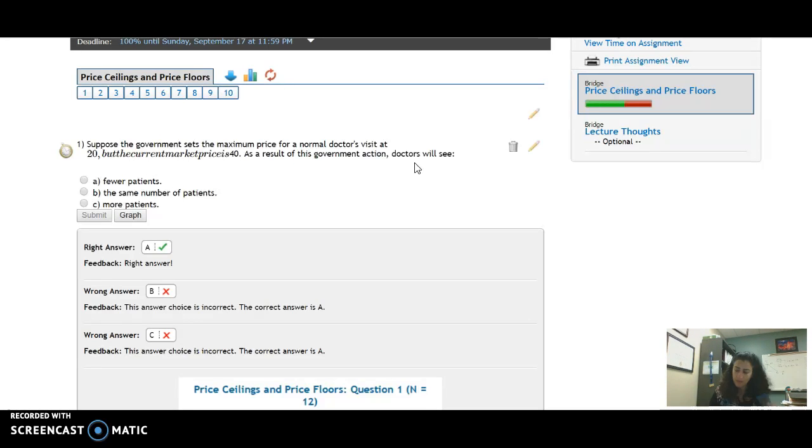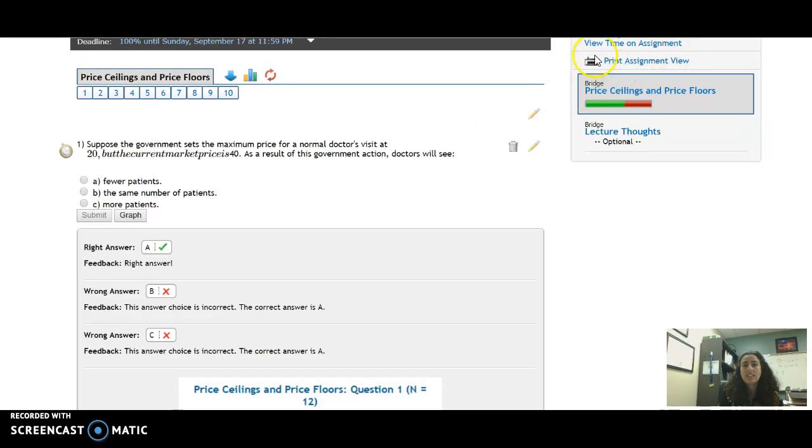Now, when the government limits the price to a lower price, here is our price ceiling, then when the price is lower, there is a movement along the demand curve. The quantity demanded increases, but there is also a movement along the supply curve. The quantity supplied decreases, and the quantity that doctors will see is the quantity supplied. It is Q2, and as you can see, Q2 is less than Q1 here. So they will see fewer patients.